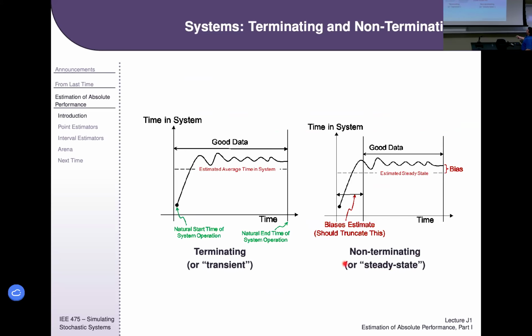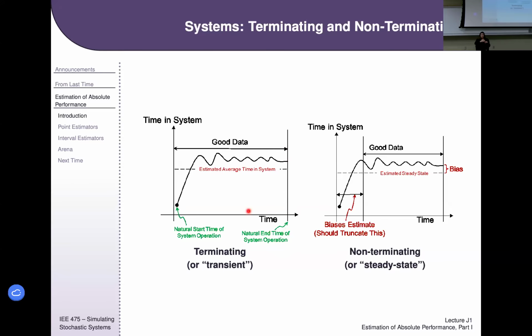We can summarize these two systems in this diagram here, where we've got the transient sim that is simulating the terminating system. Here, we care about all of the data. So here, this is the natural start time of the real system. It rises up. There maybe is some interesting dynamics that happen throughout the day, and then it ends at a natural end time.